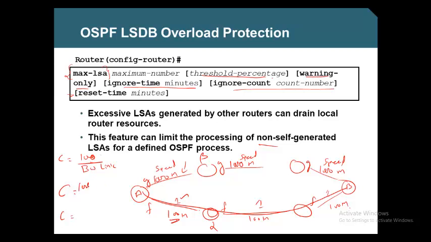What is the value you will get? See, for metric and all, you cannot have fraction numbers. So it is equal to 1 only. You got it? 1 only. Cost is 1.